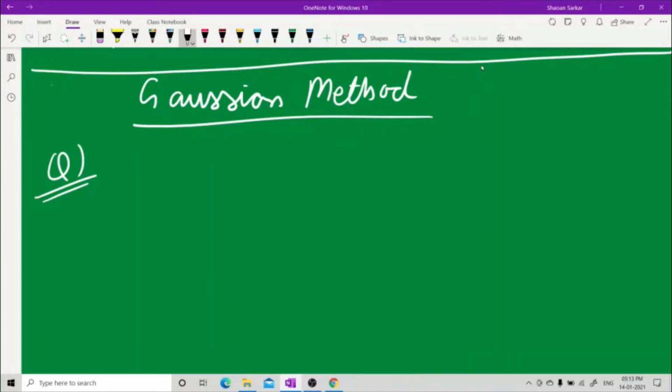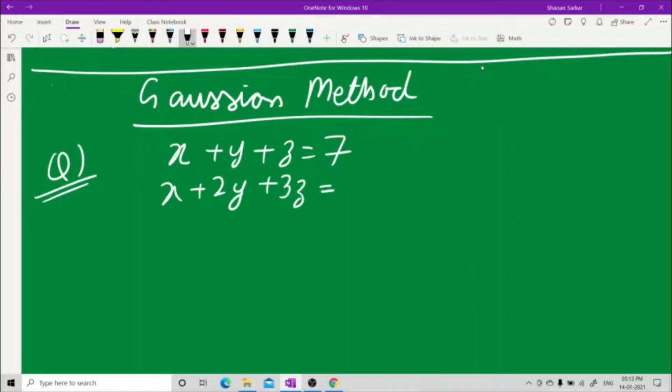See, the first question for us is this. Let us take this equation: x plus y plus z equal to 7, then x plus 2y plus 3z equal to 16, and then x plus 3y plus 4z equal to 22.